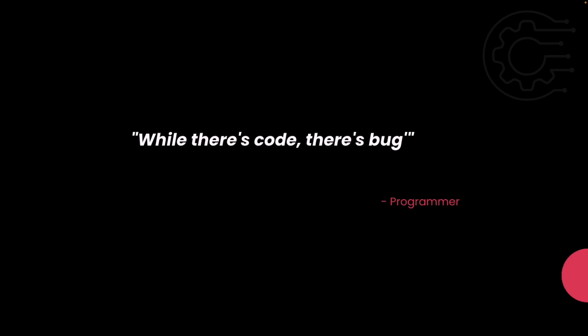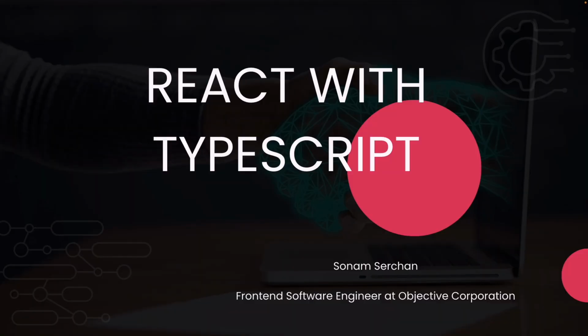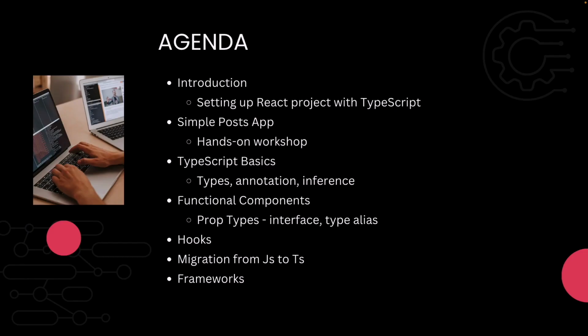So today we'll do pretty much the same. Implement the things that we learned last week about TypeScript into a React project. So let's start. Again, just about today's session. These are the things that we'll go through.